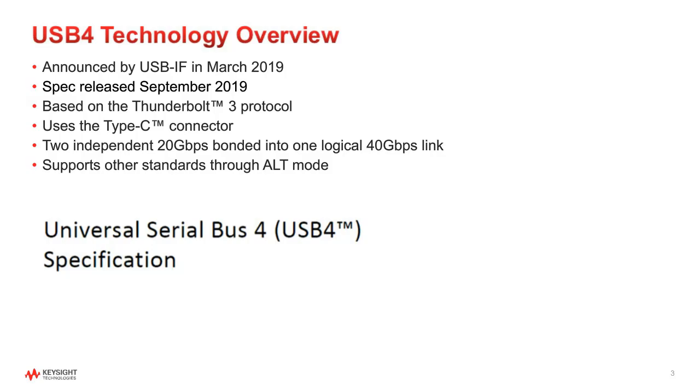So the first thing you should do is get hold of the USB 4 spec. It's publicly available to everybody, so you should just go download it. And in particular, for compliance testing, pay attention to section 8.3.2.1, I believe.